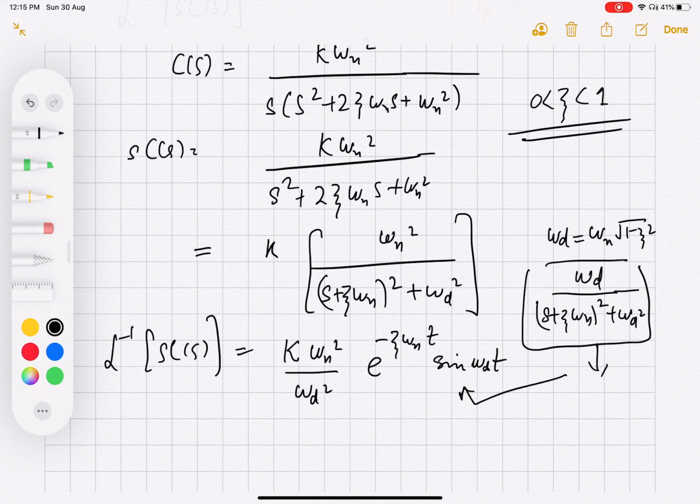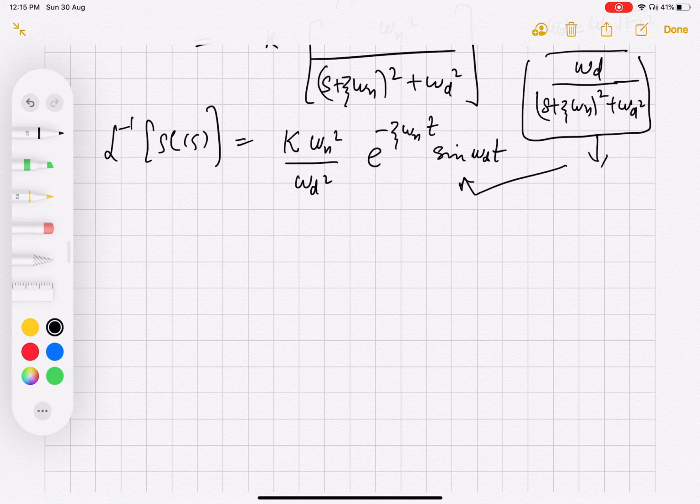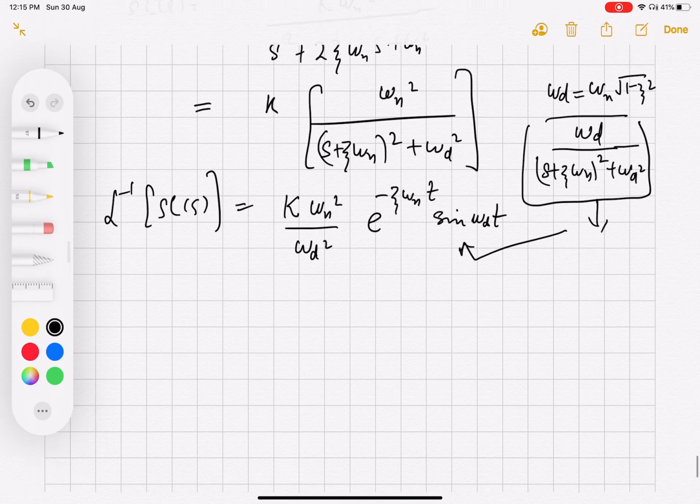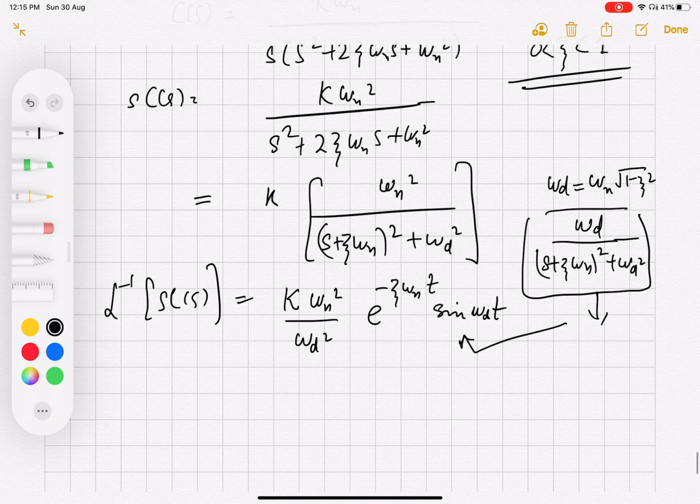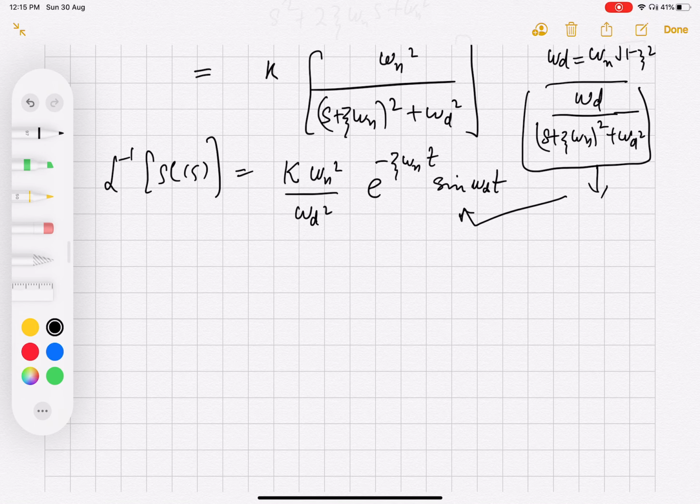Okay, so this is okay. We can write this as k upon, no, not under root of.